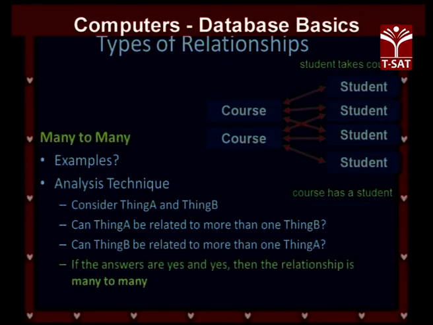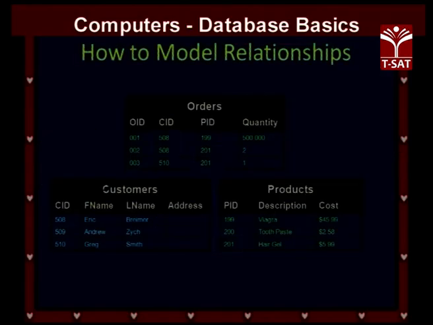Similarly, from the course side, Java has A, B, C. So this is many-to-many. Many students can take many courses, and many courses can have many students. That is called a many-to-many relationship.